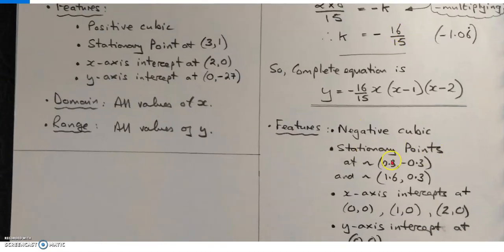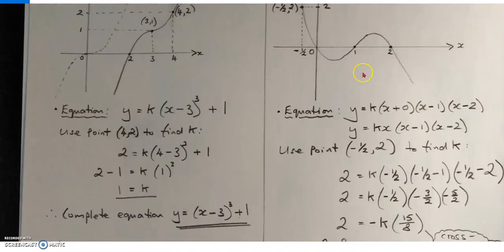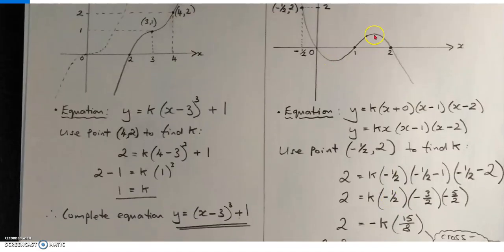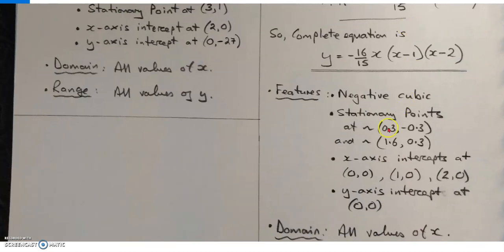And it has stationary points, this little squiggle there means about, because it's very difficult to see exactly where those stationary points are. We're talking about that one there and that one there. Now, in my estimation, they are stationary points at about x equals 0.3 and y is minus 0.3, and another one at x equals 1.6 and y equals positive 0.3.